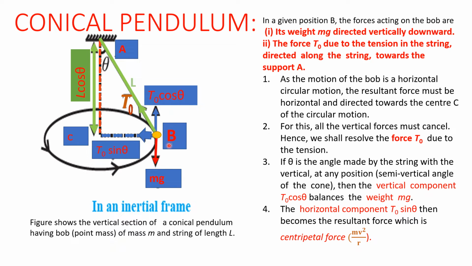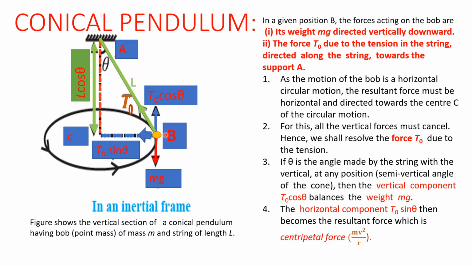Hence we can resolve the tension force T0 into two components. One is a horizontal component acting towards the center, that is T0 sin theta, and one is the vertical component, that is T0 cos theta. Here theta is the angle made by the string with the vertical axis at any position.